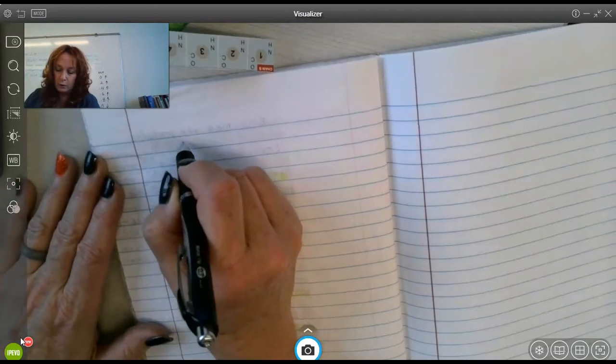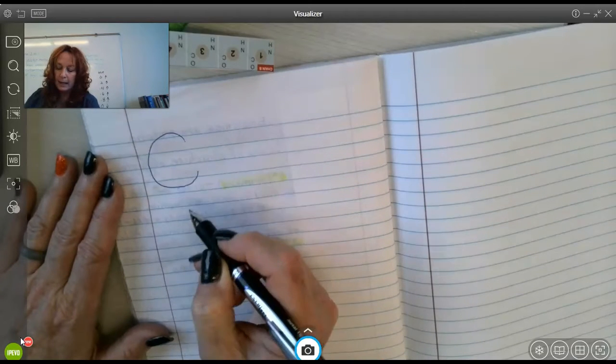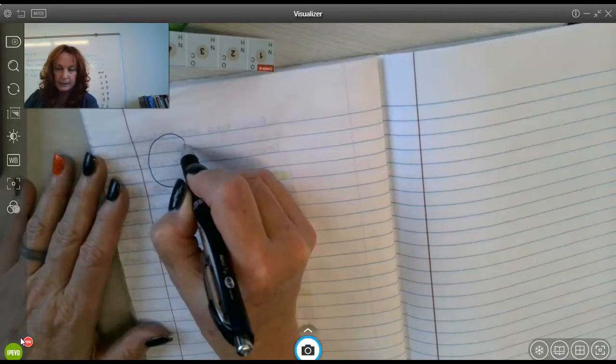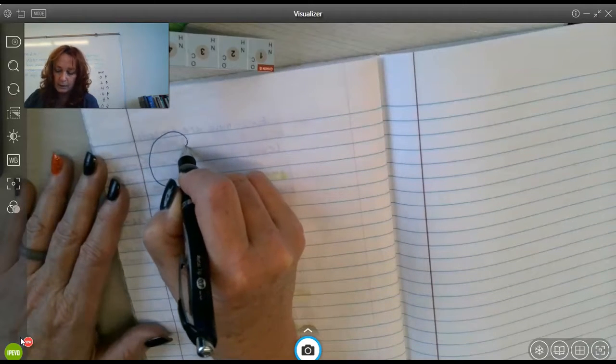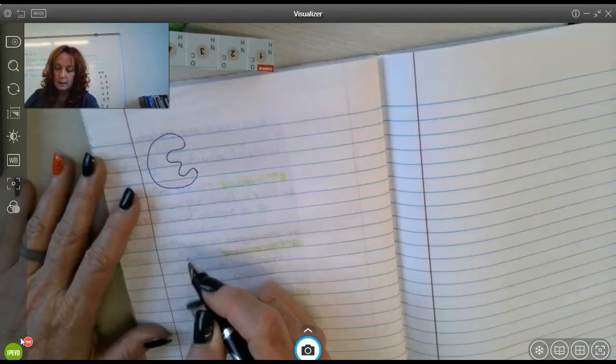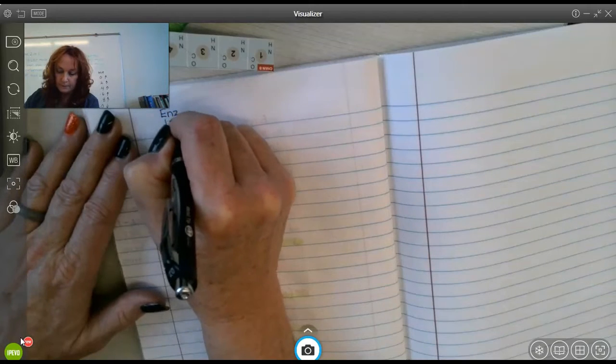And I'm going to give myself, so here's the enzyme, and I'm going to make a uniquely shaped active site. So let's make something like this. So this is the enzyme, which is a protein.